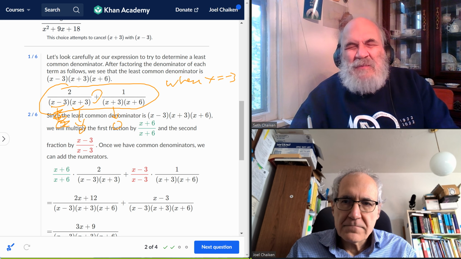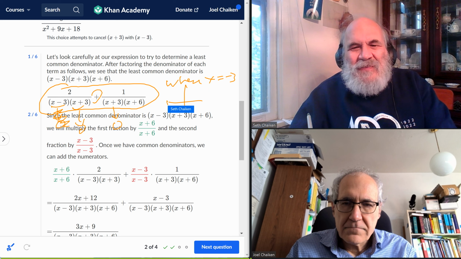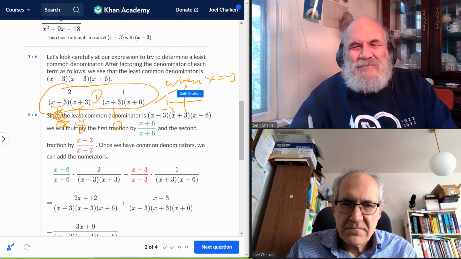In other words, that means if you plot it at x equals minus 3, what's going to happen is you get a curve, something like this. It's going to go to 0. No, it's not going to go to 0. It's going to go, and then it's undefined.